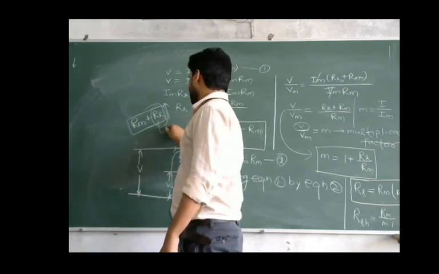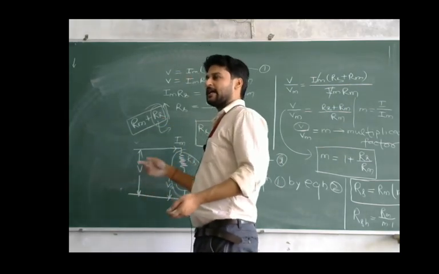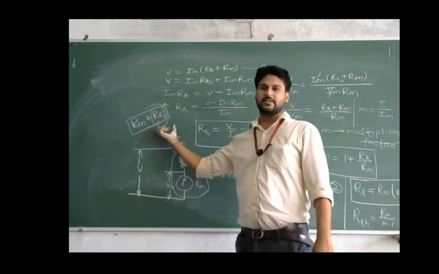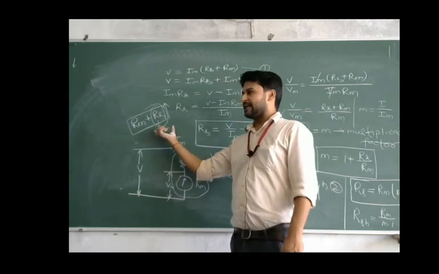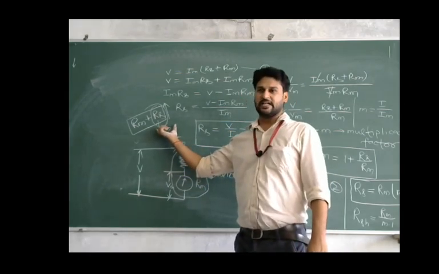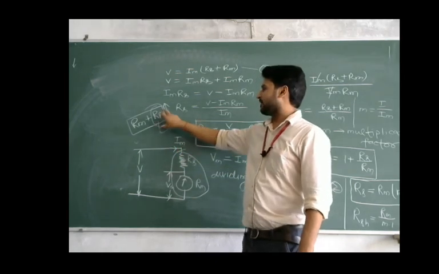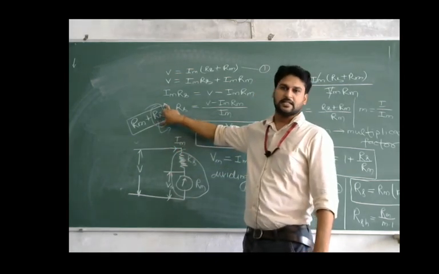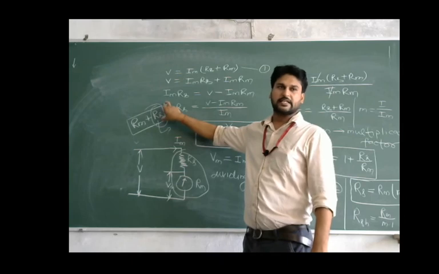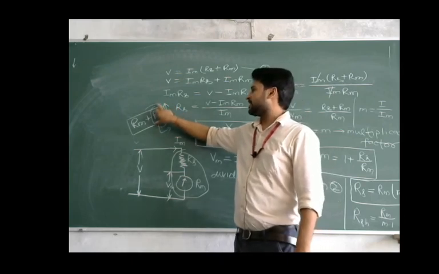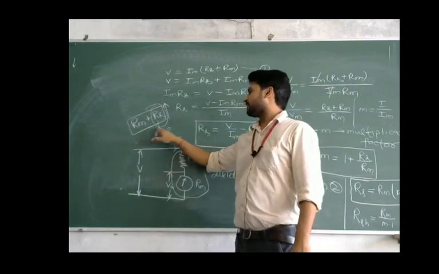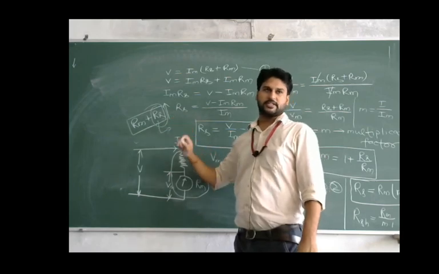This resistance is made up of manganin, and manganin has a very small temperature coefficient of resistance, meaning the value of this resistance will not change with an increase in temperature. That means the total value will remain almost constant.